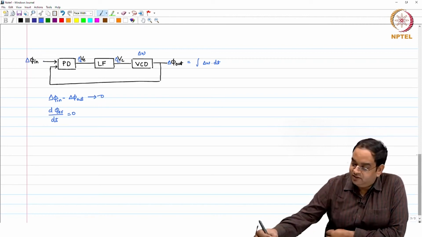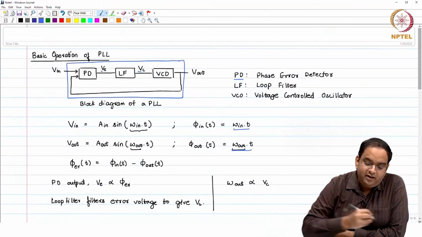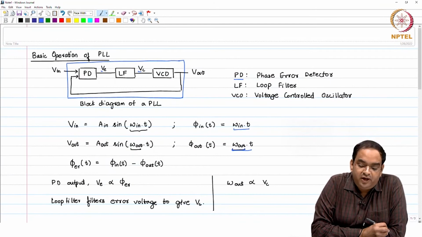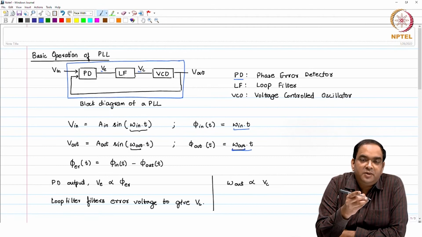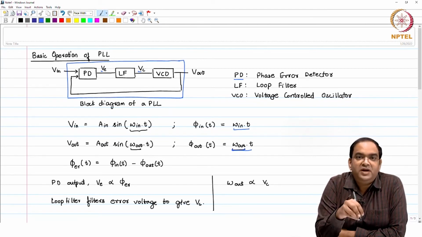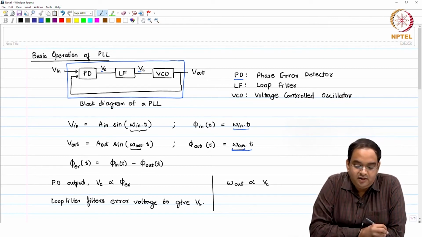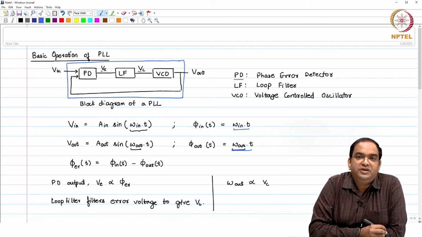Now, this is a little interesting: I have a block where the actual signals are voltages, but the different blocks in this PLL are not operating on the voltage or current signals which we are used to learning in our systems. They are operating on different variables like phase or frequency.